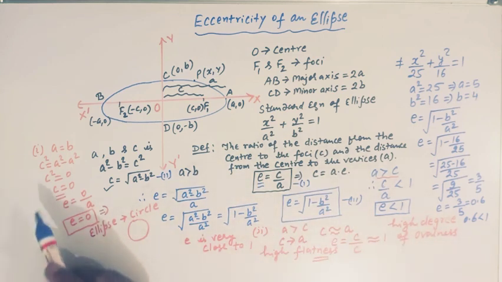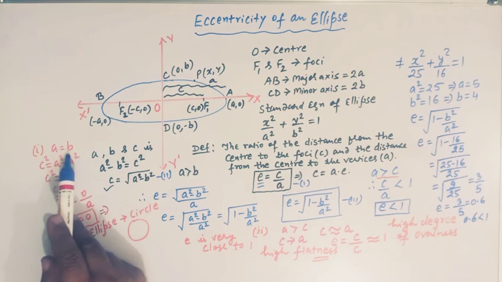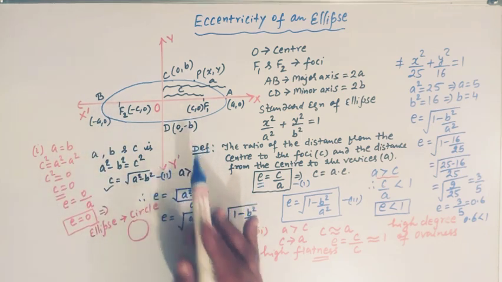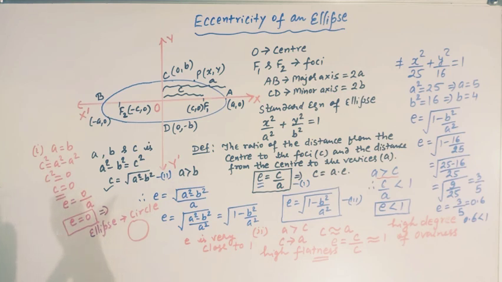And when a is equal to b, it means the lengths of the major axis and minor axis are equal. Then the value of c is 0 and the eccentricity reduces to 0, and in that case the ellipse reduces to a circle, right?